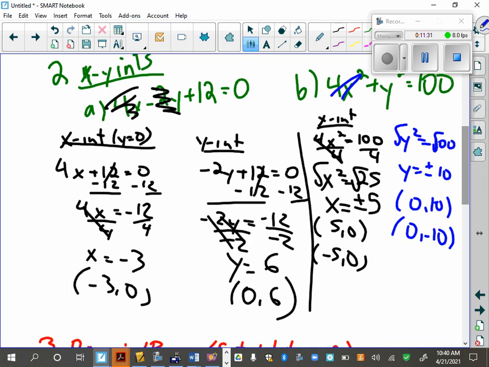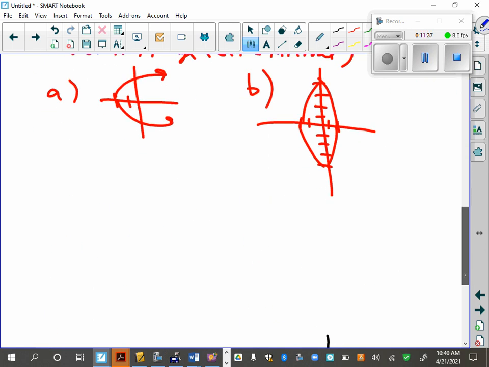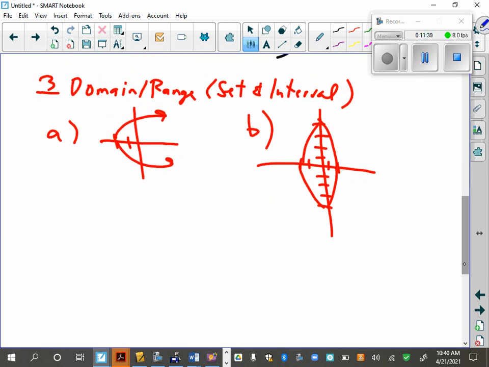All right, and so x, y-intercept, and domain and range are the main concepts. Domain is how far your graph goes left to right, or the width of the graph. Range is the height of the graph, or how far the graph goes up or down. Domain here is negative 2 and up, or to the right. Remember, to the right means greater than or equal to.